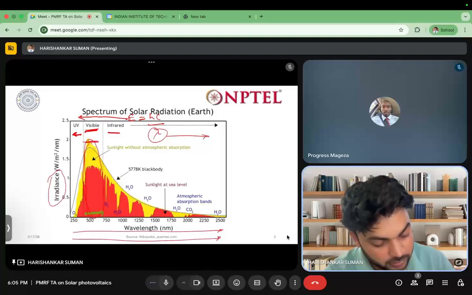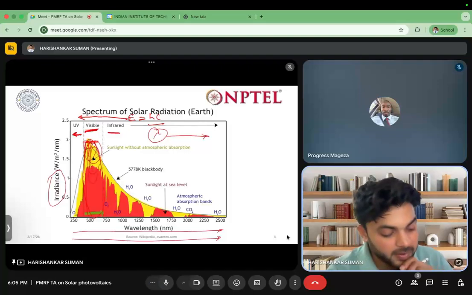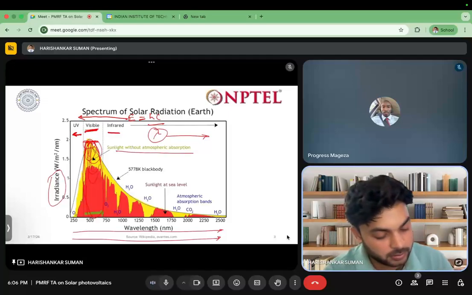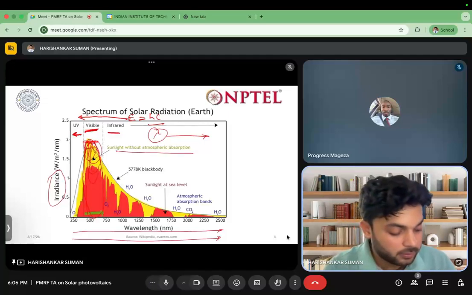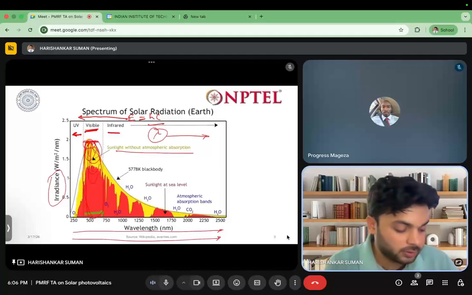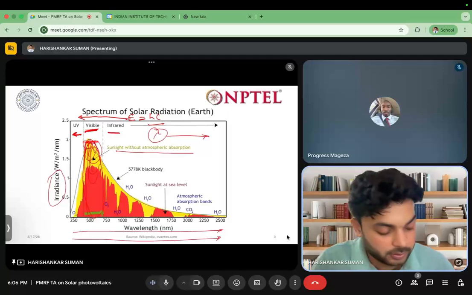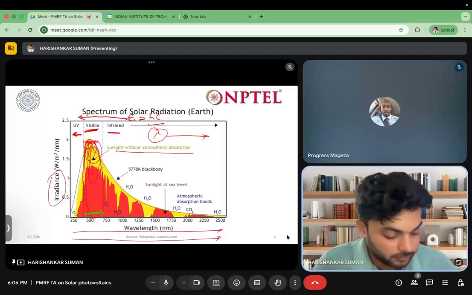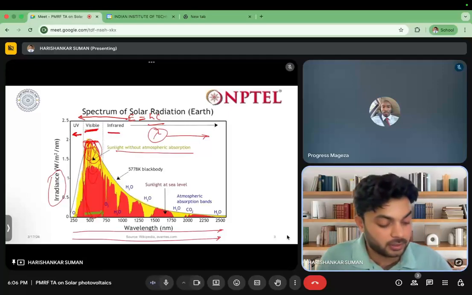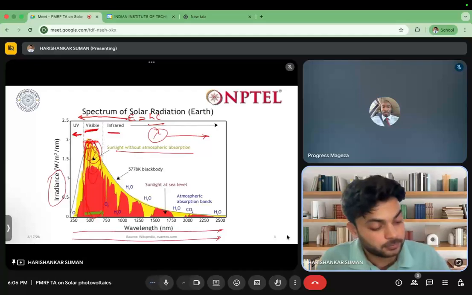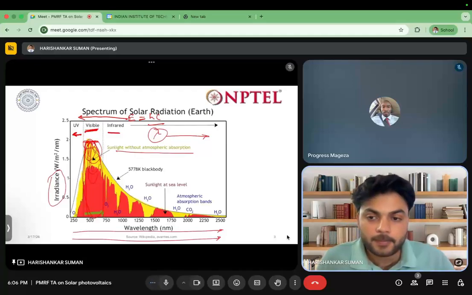You can see here is the highest photon count you receive on the earth surface, sunlight without atmosphere, and so many factors also absorb, re-emit, transmit, reflect the photons. Okay.